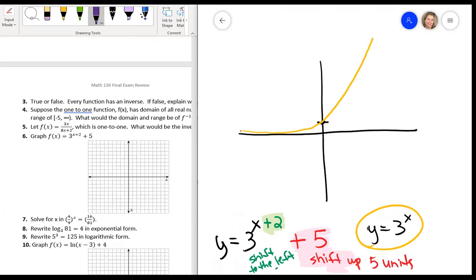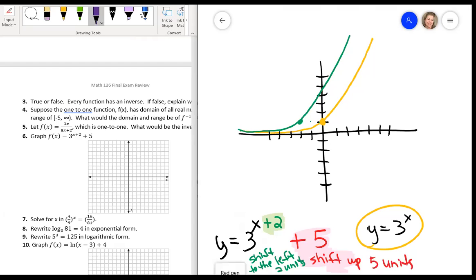So it'll shift to the left 2 units. So if I use this point right here as my main point, for the green, it's going to shift it 2 to the left. So it's going to go 1, 2. So the graph is now going to look like something like that.